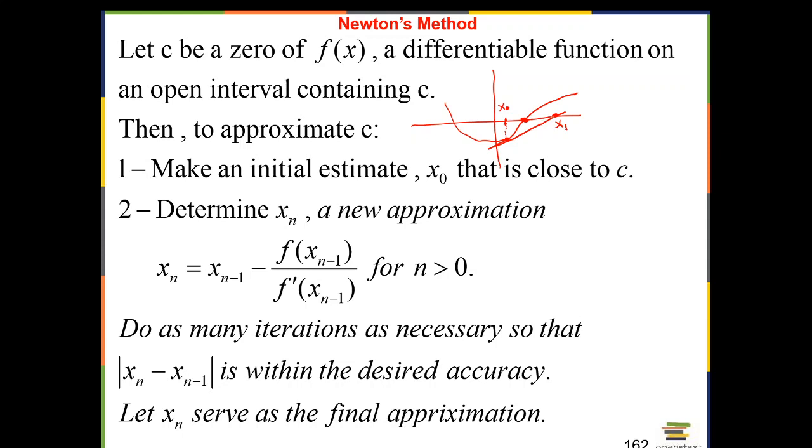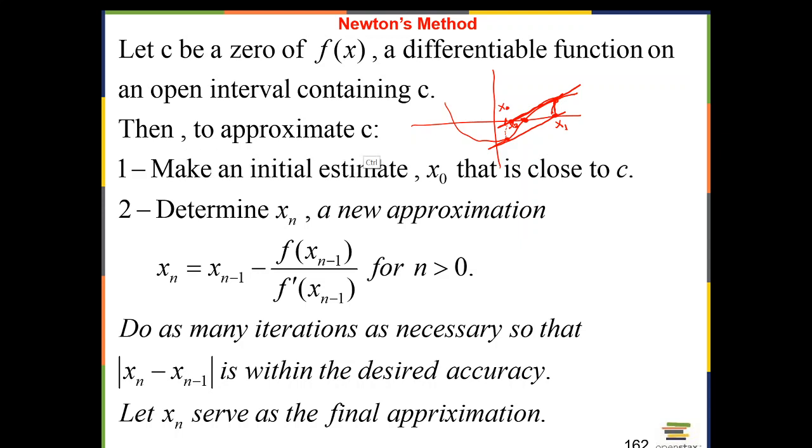And then we go to the function again from that point, and then we draw a tangent line again, right? And again, the tangent line hits the x-axis here. That would be our x2, and so forth. I'm going to explain that in a second. Okay, so that's the idea.